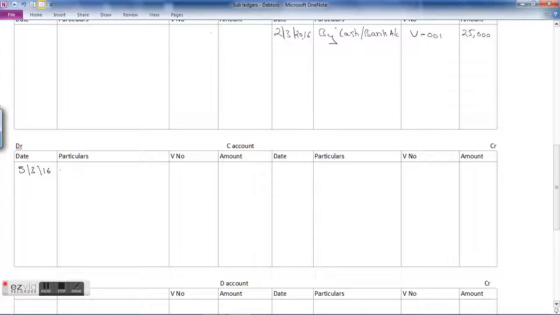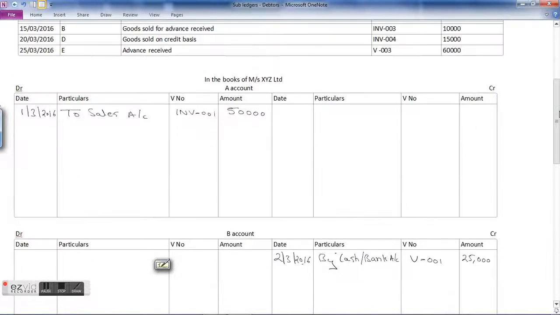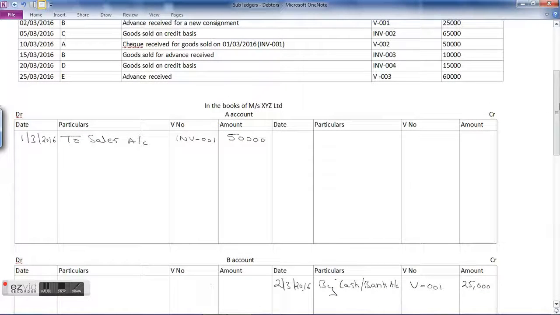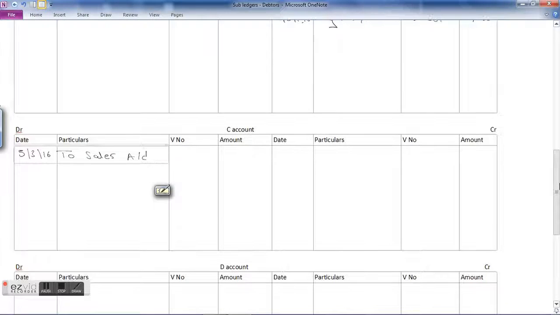So 5/3/2016, to sales account, voucher number is INV 002, amount is 65,000.